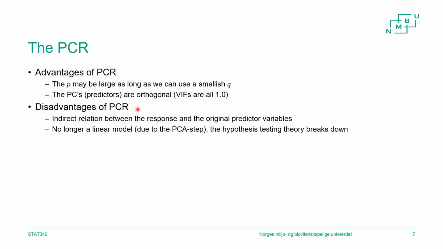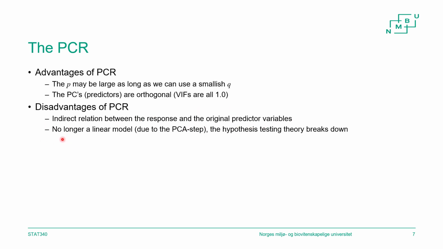The disadvantage is of course that we now have a very indirect relation between the response and the original variables. You have a direct relation between the response and the principal components, but the principal components are not the original predictor variables. They are some combination of them. So we lose the interpretability here, but we will try to fix that later.